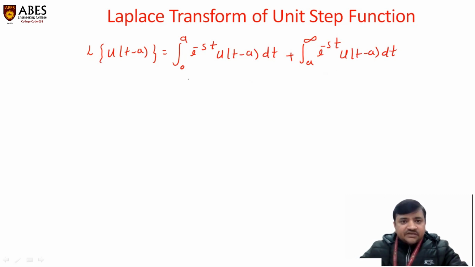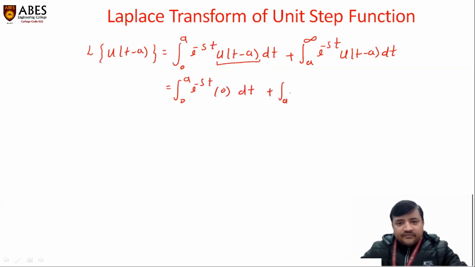And as mentioned earlier, the value of unit step function is 0 when t is smaller than a. So in the interval 0 to a, t will be smaller than a. So we will be putting the value of the unit step function as 0 in the first integral and 1 in the second integral.